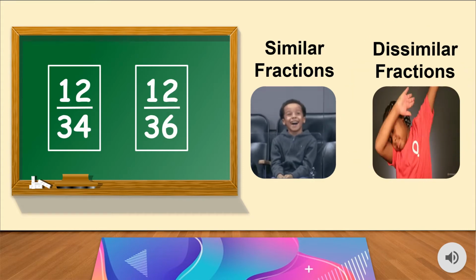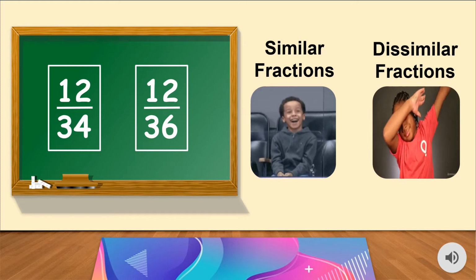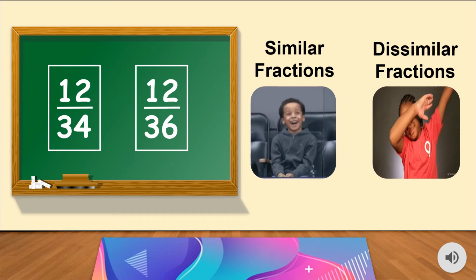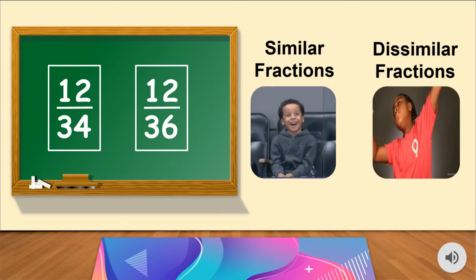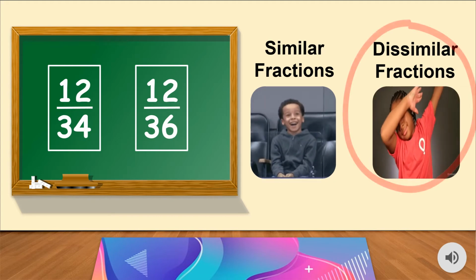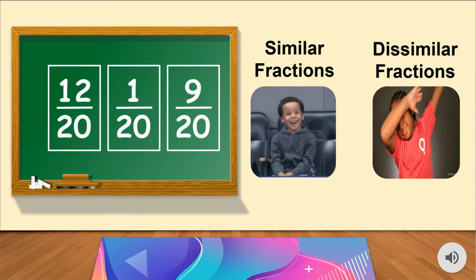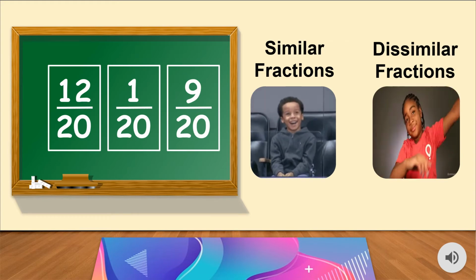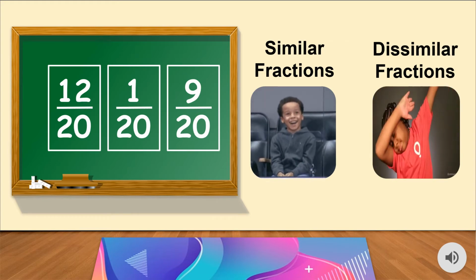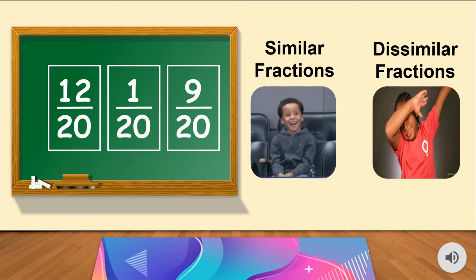Next, 12 over 34, 12 over 36. The answer is dissimilar fractions. Next, 12 over 20, 1 over 20, and 9 over 20.